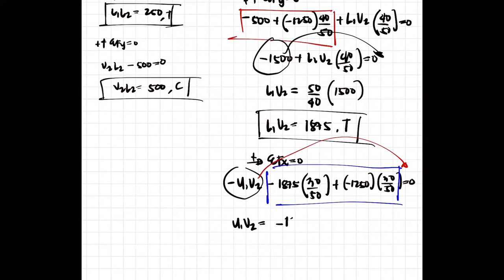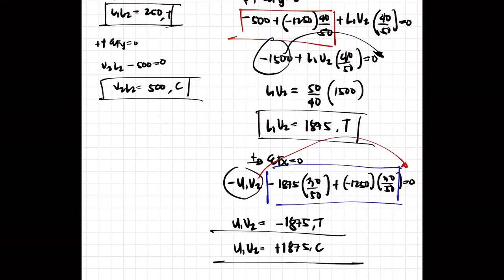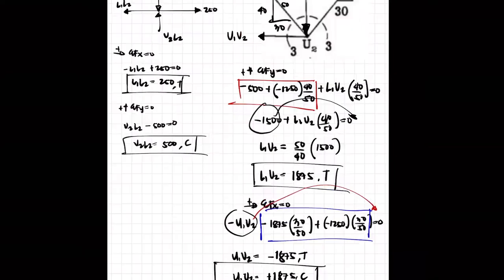That is negative 1875. Negative 1875 tension. Okay, so U1, U2 is negative 1875 compression. Positive. Okay, so any of the two, as long as tama if compression or tension.